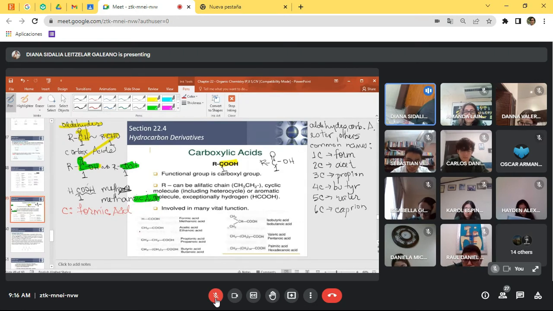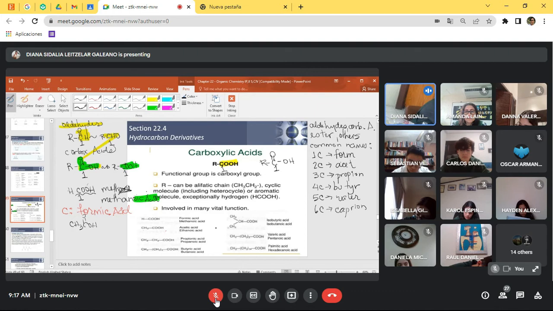Two carbons like the one we have here. Ethanoic acid. If they ask you for IUPAC name, it's IUPAC name.